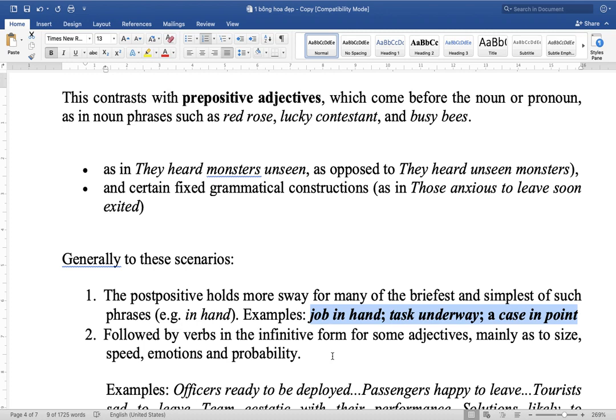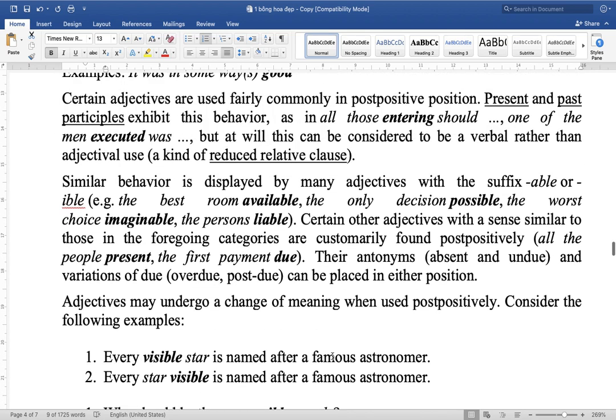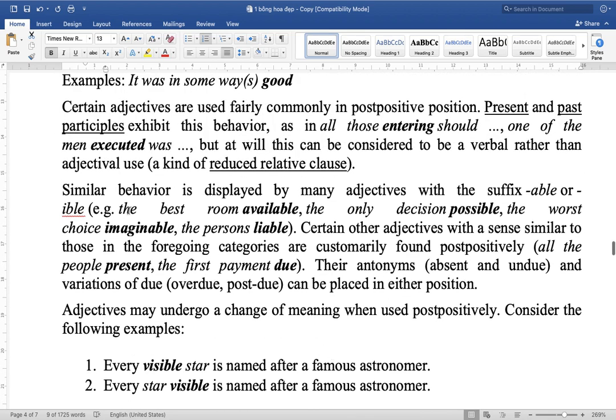So we use "in point" to modify a case. And like "the best room available." We don't write "the best available room," and "the only decision possible," not "the only possible decision," "the worst story imaginable" or "the person liable." Okay, so be careful when we use these, so we can read more about this.